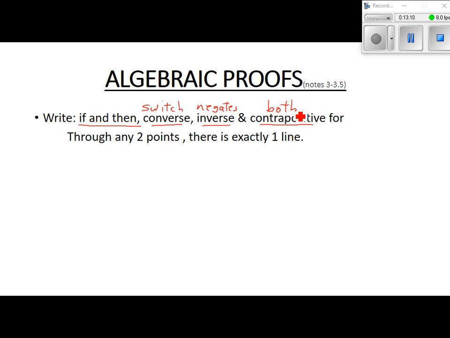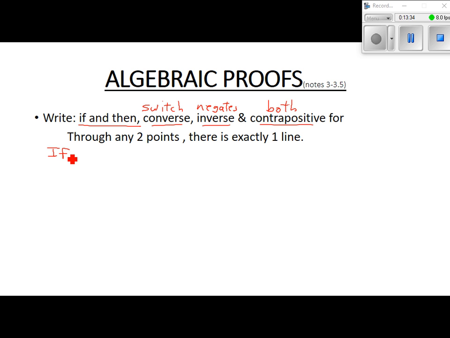First, let's write this as an if and then statement. What's it going to say? If any 2 points, then exactly one way. So let's make it make sense. If a line through any 2 points, now you're turning it around. So if you have what? If you have 2 points.